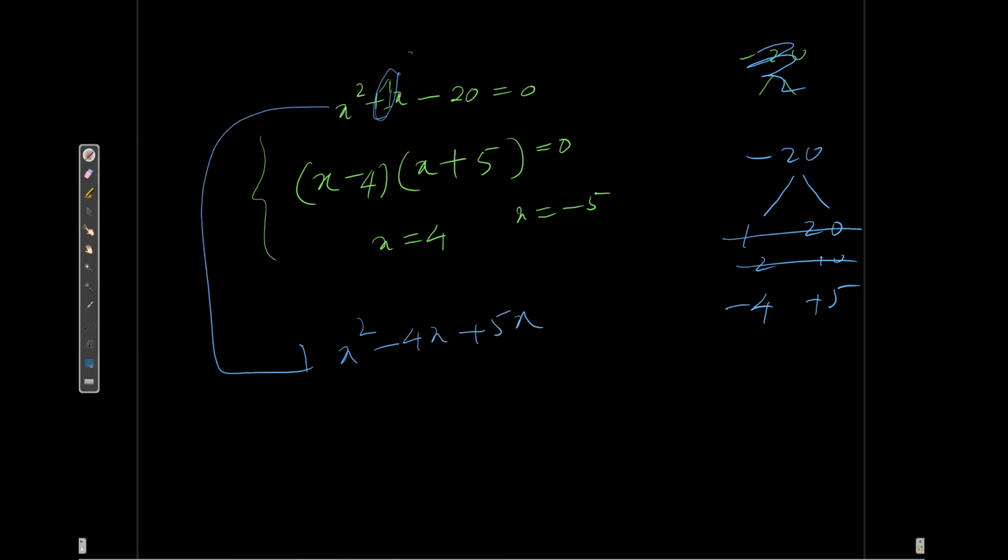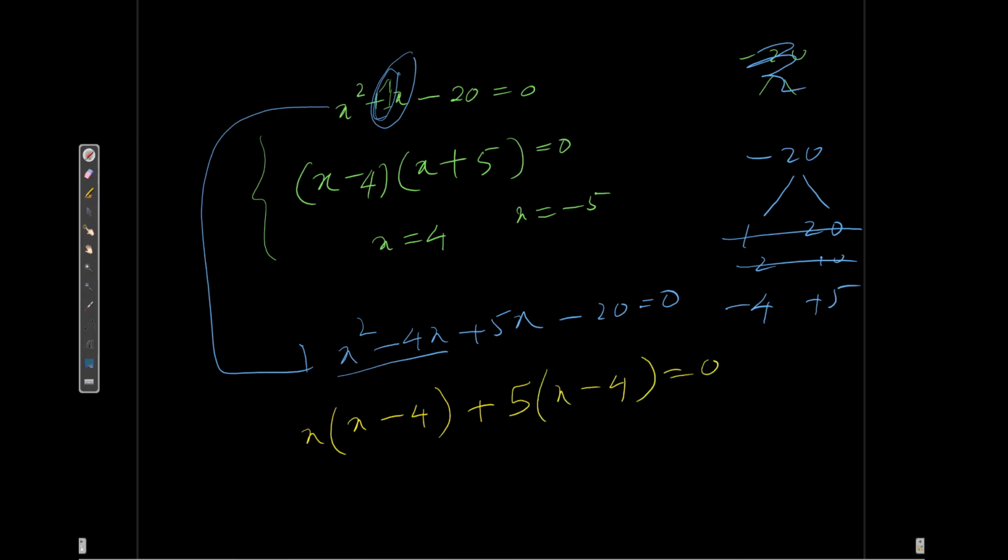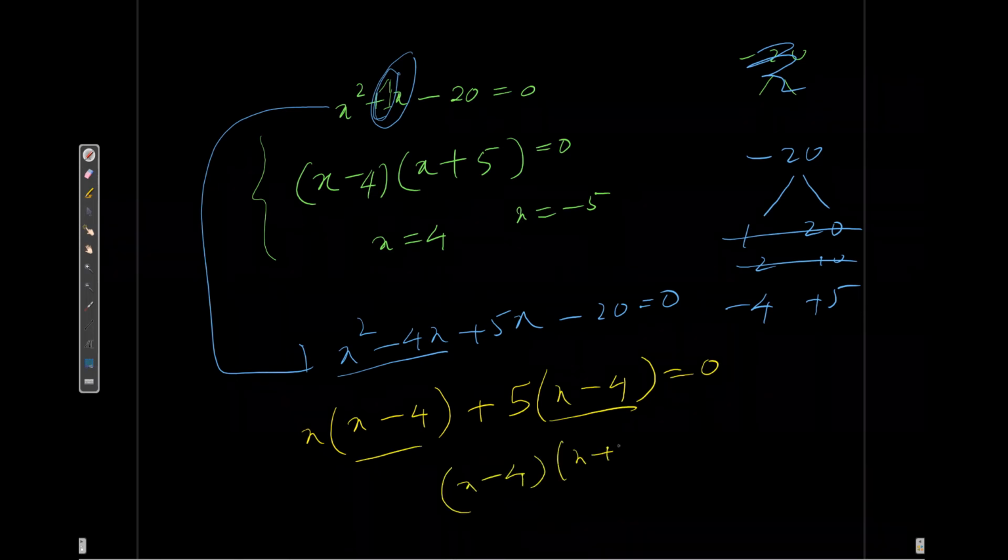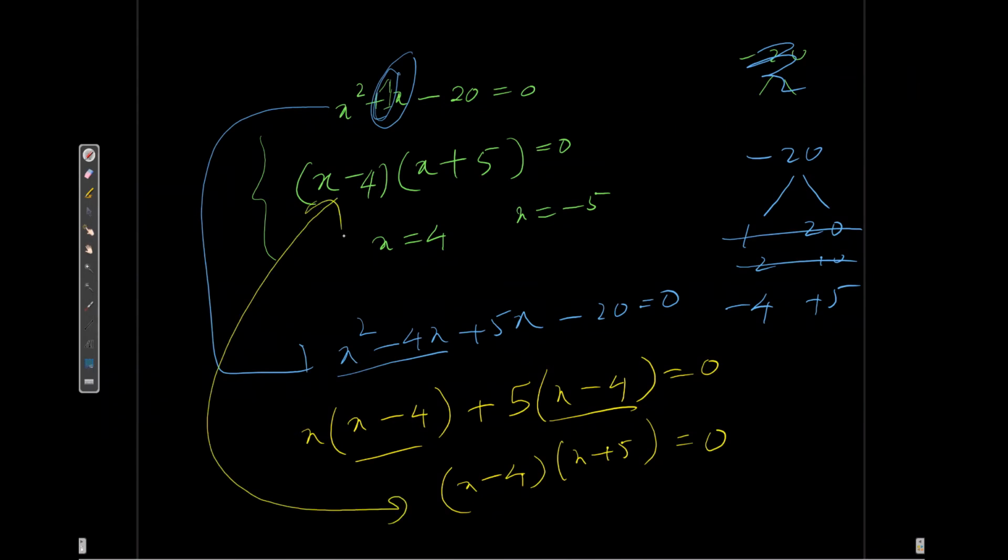So this 1x is replaced by minus 4x plus 5x minus 20. So the first two terms, you get x out, x minus 4. Second two terms, when you pull 5 out, x minus 4. See, you must get the same factor here. Then when you pull x minus 4 out, you get x plus 5, giving us same thing as here. And thus x equal 4 or x equal negative 5, right?